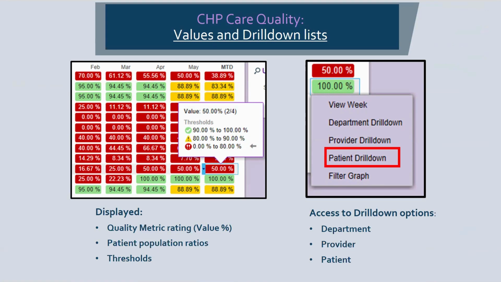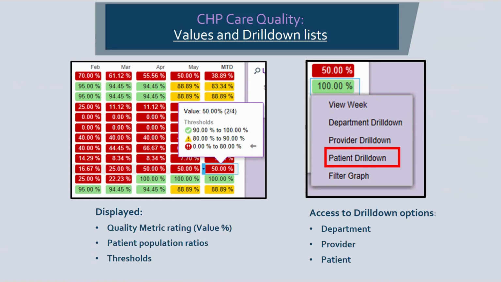Next to the stated percentage value in parentheses, you will see the numerator and denominator patient population that make up this value. Below will depict the thresholds for each color indicated. Green indicates that your patient population compliance is being identified between 90 to 100%. Yellow is 80 to 90%, and red is 80% and below.